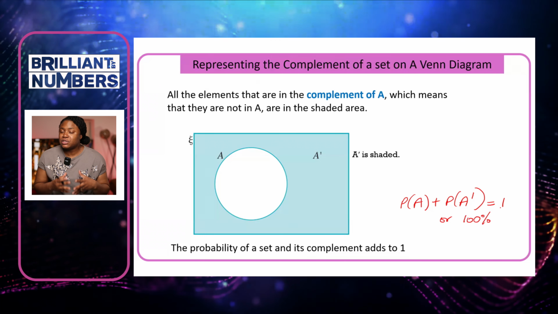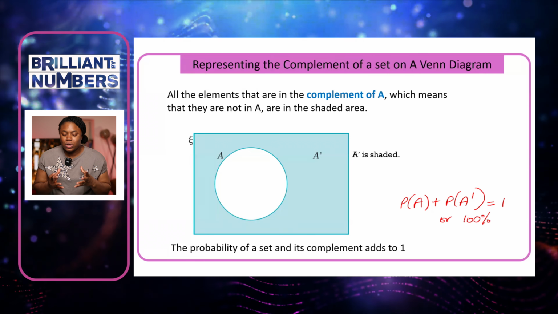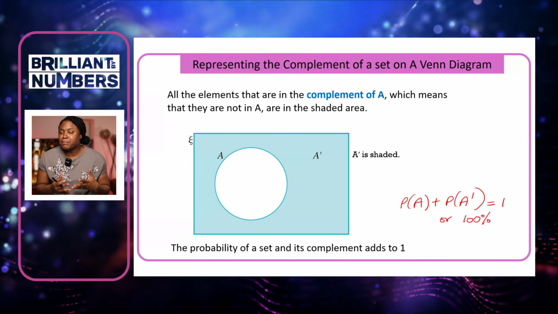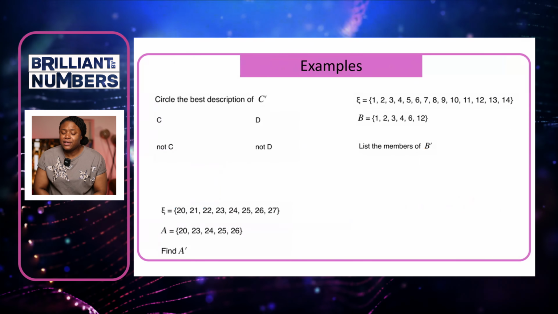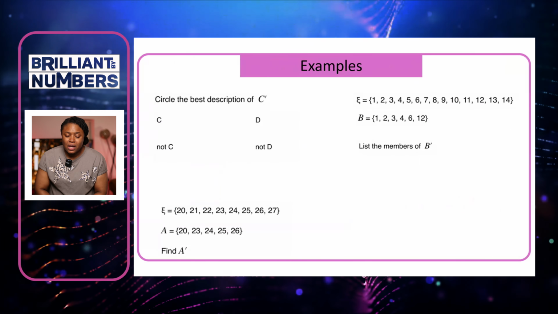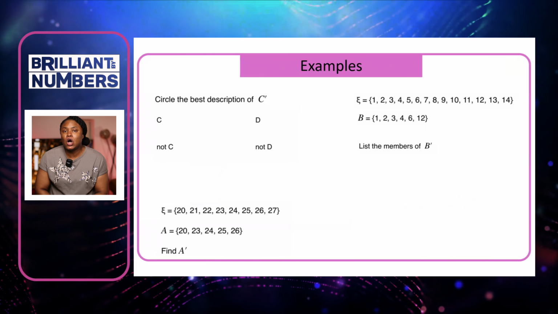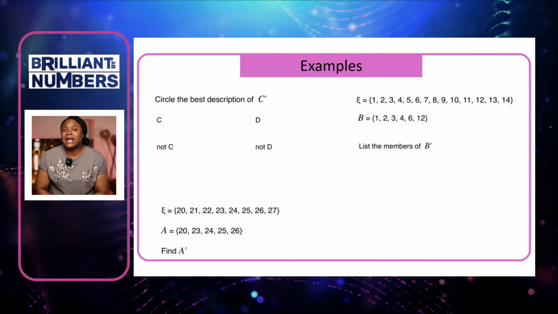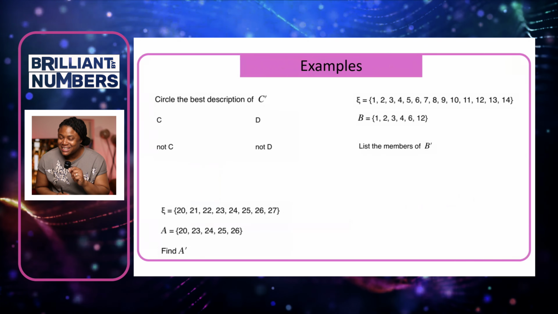So when we add them together, we will always get one whole. We'll put that in context just a bit more in some questions now. So for example, the first example here asks us to circle the best description of A complement. Remember, A complement is simply what is not in A.